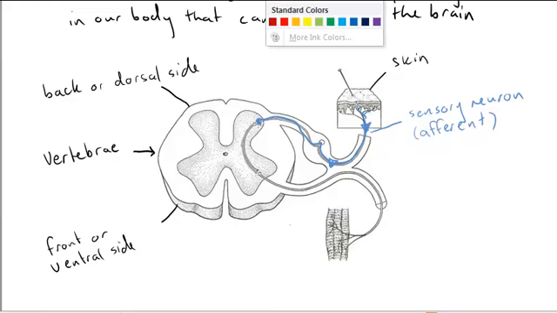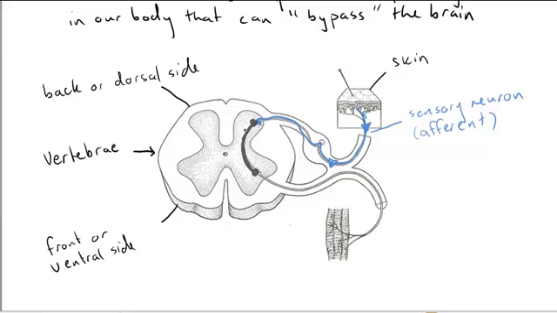Maybe I can go with a darker gray than that. Okay, that's better. There's your interneuron, and that's located in your spinal cord, and it's non-myelinated.